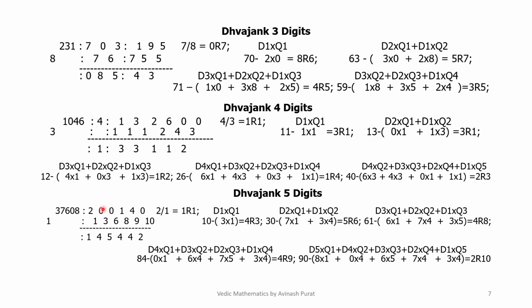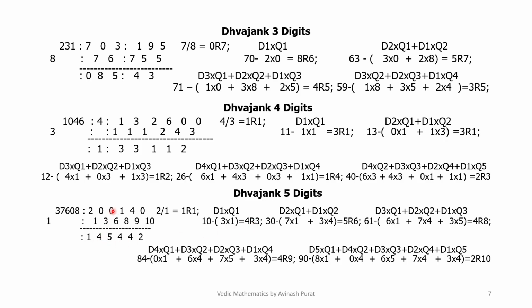Now 10 is dividend. D1 into Q1 is 10 minus 3 into 1 is 4, 4 quotient and remainder 3.